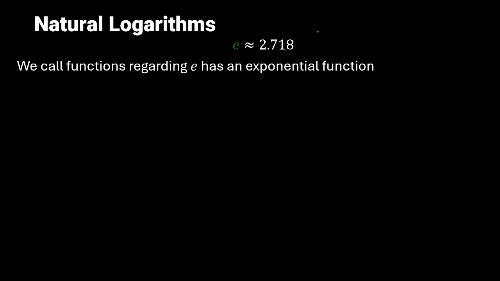So whenever we have a function like y equals f of x, and f of x involves the usage of e, we call it an exponential function. Now not in all cases where e is present do we call it an exponential, but in most cases like y equals e to the power x, this is an exponential function.